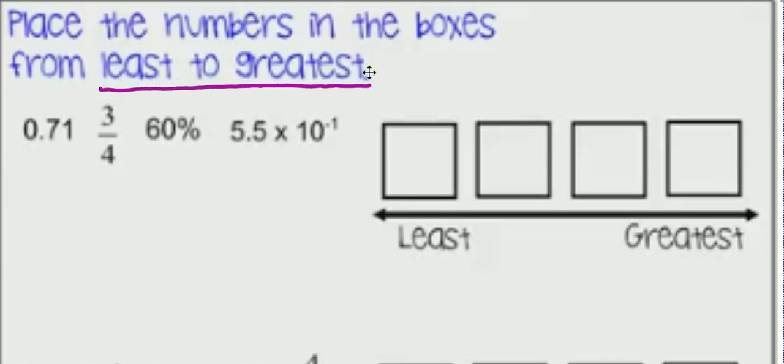And while we're going through this, I also want to look at how we might say this in a different way, because sometimes you'll be asked least to greatest, and you'll also be asked things like put in ascending or descending order. So let's handle this vocabulary today as well. When we're going from least to greatest, we're like going up a staircase.